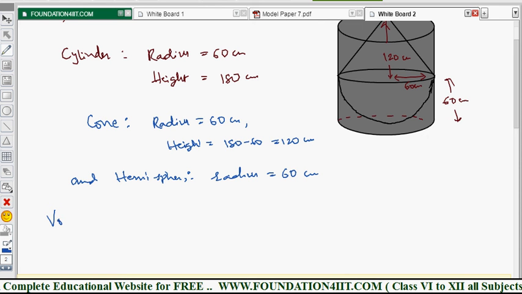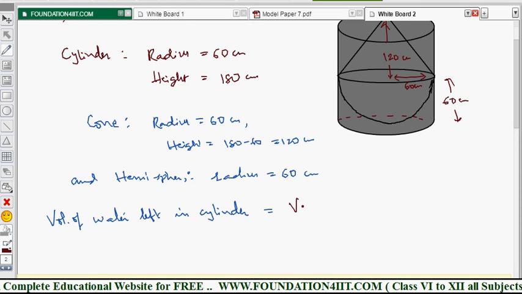Therefore, the volume of water left in the cylinder, after placing the solid, because the solid is already placed. To find this, we can take the total volume and subtract them.